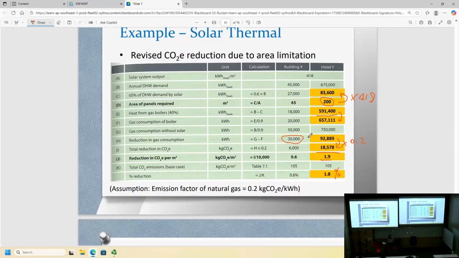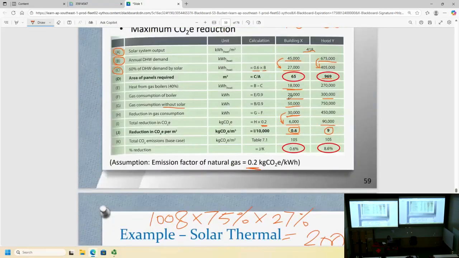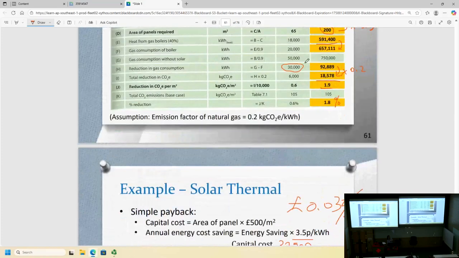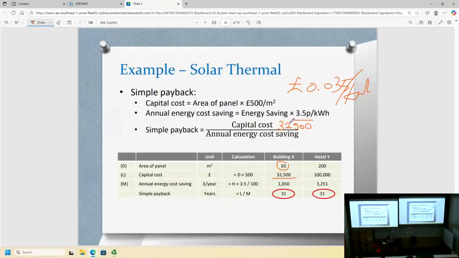So earlier in this table, same, 30,000 of reduction in gas consumption. And for the gas consumption, the tariff is 0.035 pound. So divide by 100 because we want to convert pence into pound. So the saving in energy multiplied by the unit rate of the gas.